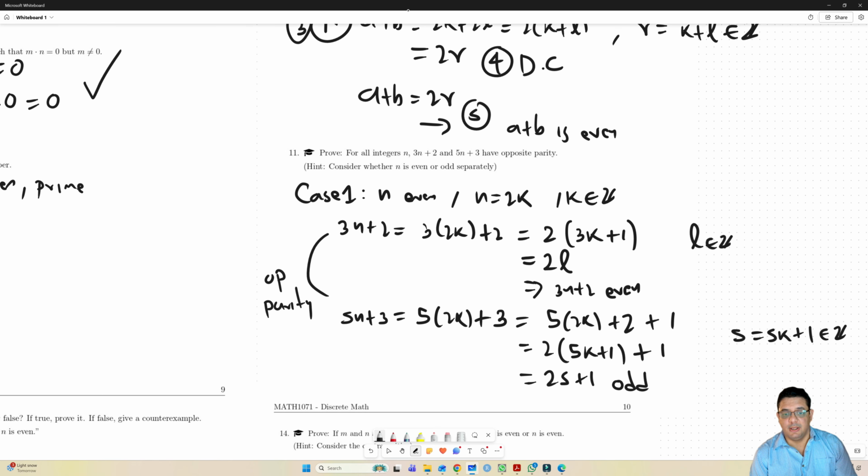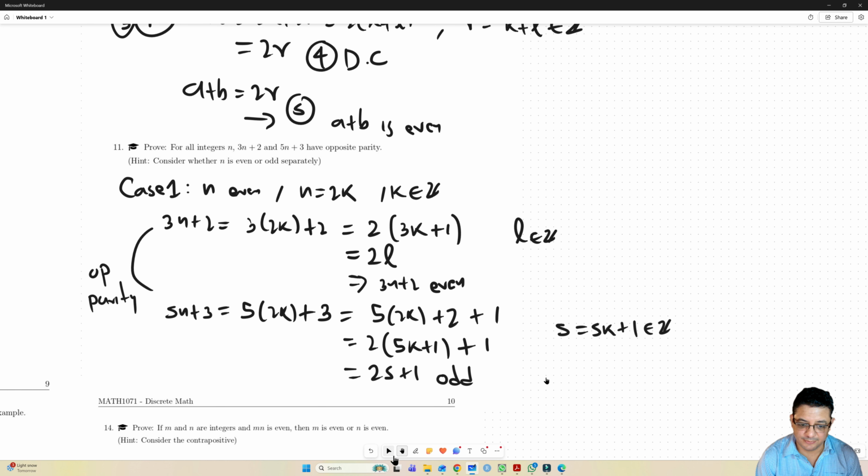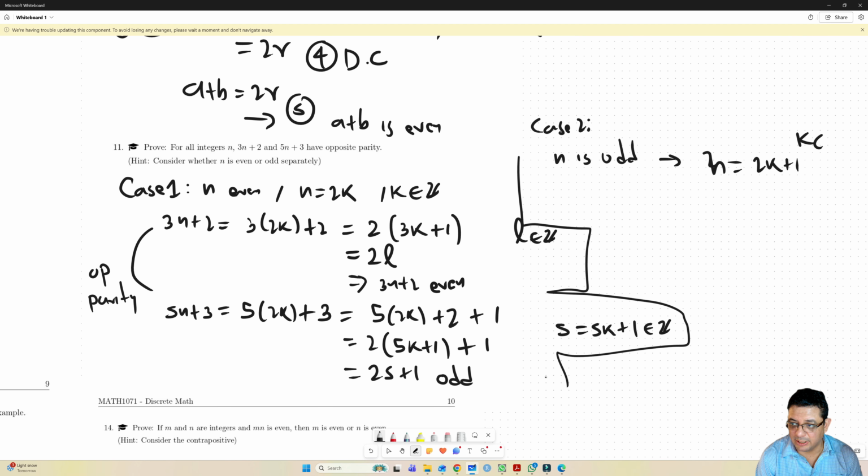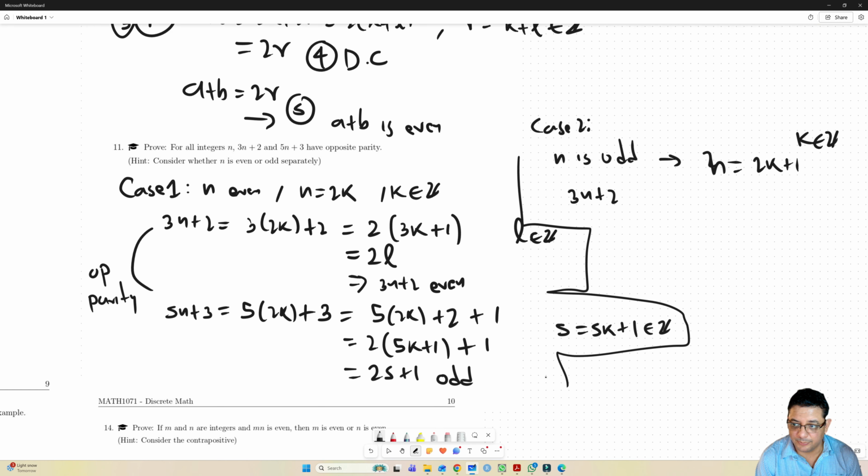Okay. Now, case number 2 will be considering what happens if, instead, n is odd. So case number 2, n is odd. So if n is odd, I can see n as 2k plus 1 for certain k that belongs to the integers. And so let's take a look at 3n plus 2. 3n plus 2 will be 3 times 2k plus 1, plus 2.